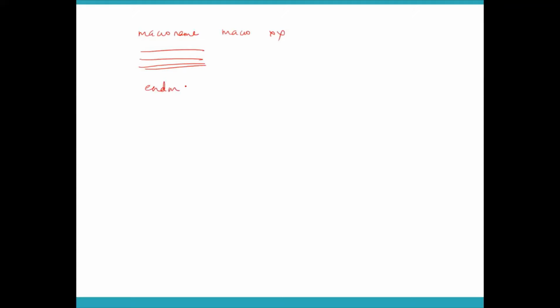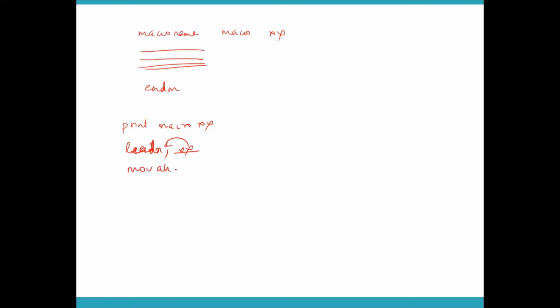What is a macro used for? For repeating a set of statements. If I want to print something, I can write a macro for printing. What will I write? LEA DX, whatever I want to print, its offset address is to be loaded into DX.